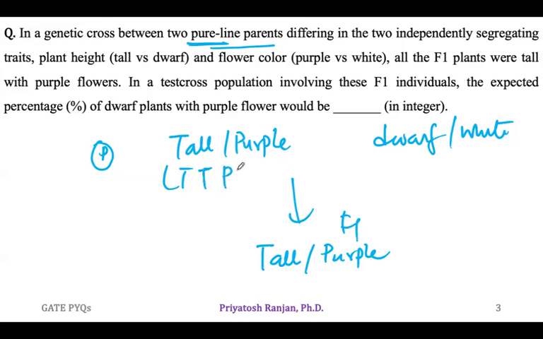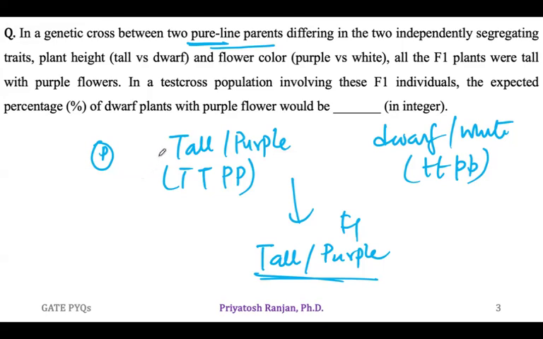So the tall purple and then the dwarf and white. You can even choose a parental genotype which could be a tall plant producing white and a dwarf plant producing purple. In all these cases, what we'll get at F1 is the tall and purple phenotype.